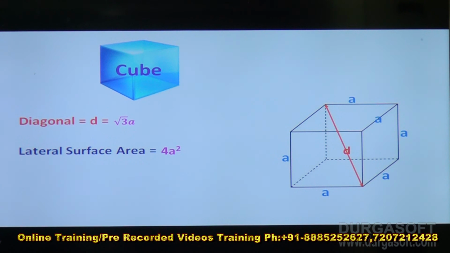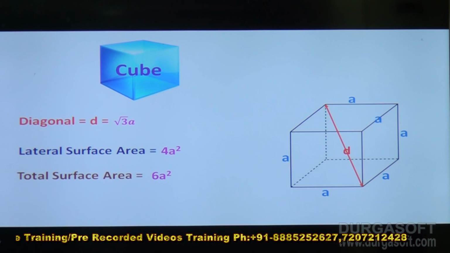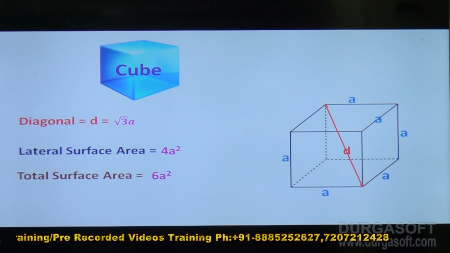Total surface area, in the sense we are just taking the total surface of a cube. Total surface area we are getting as 6a square, and lateral surface area for this cube will be 4a square. So in a cube we have the diagonal D equal to root 3 a, lateral surface area 4a square, and total surface area 6a square.